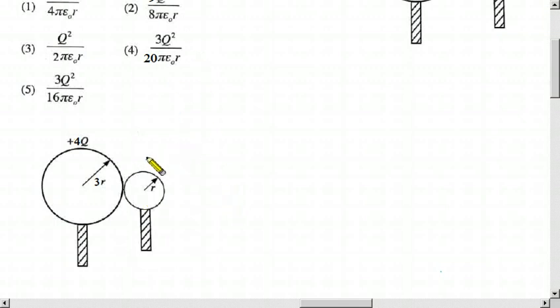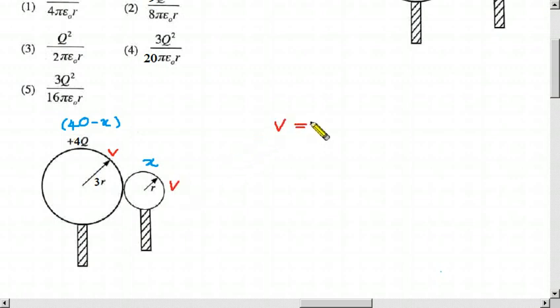Then assume the amount of charge flowing into this one is x. So the remaining charge of this one is 4q minus x. Then the voltages must be equal.